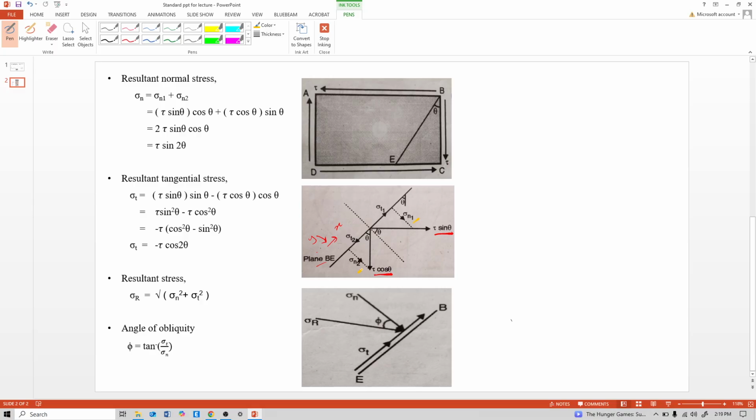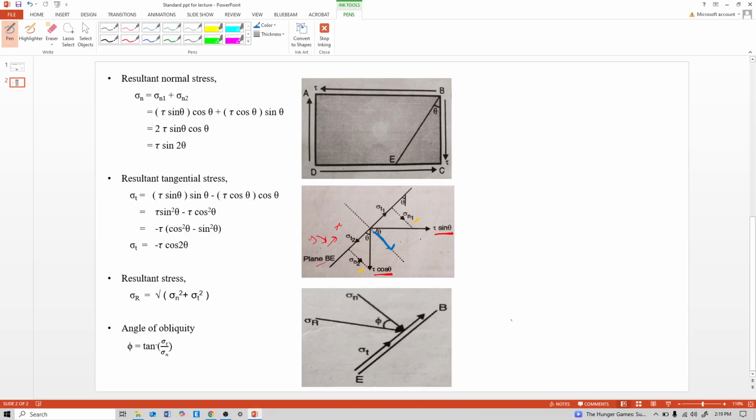Sigma n1 is nothing but tau sin theta into cos theta. That means we resolve this tau sin theta into the y-axis.